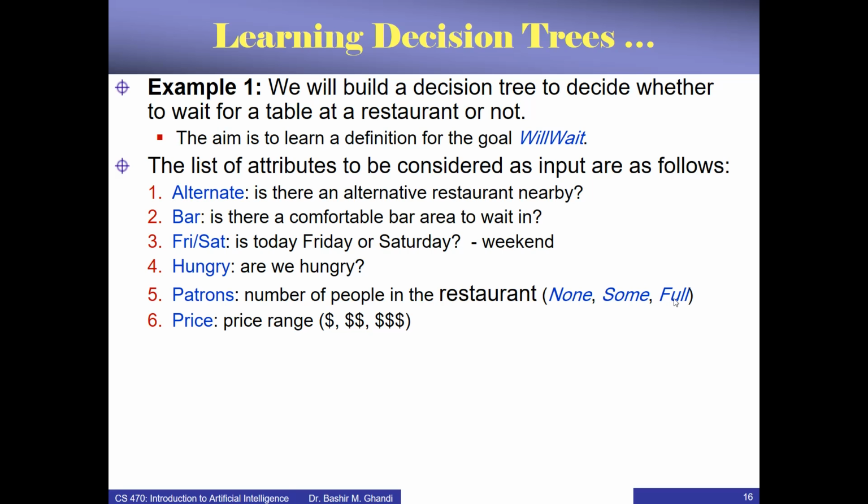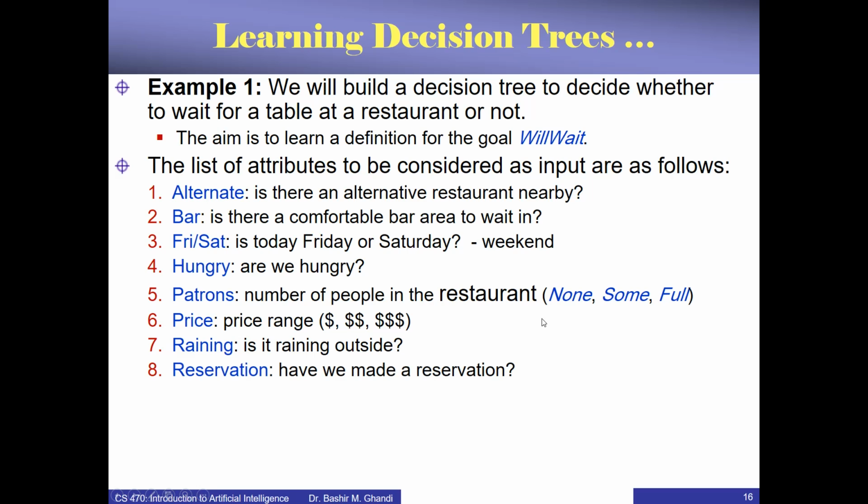And the price range is something to consider. Maybe this restaurant is cheaper than alternative restaurants around. Another factor to consider is, is it raining outside? Because if it's raining, most likely you will find it difficult to leave and go elsewhere, so you may prefer to wait for a table to be free.